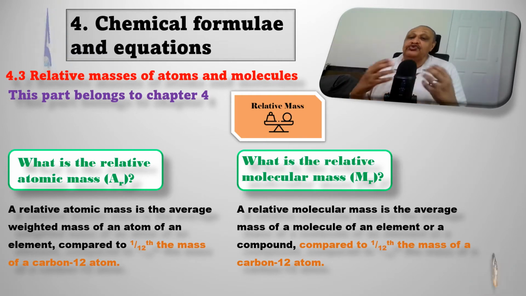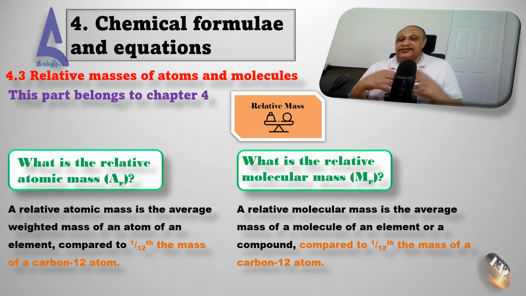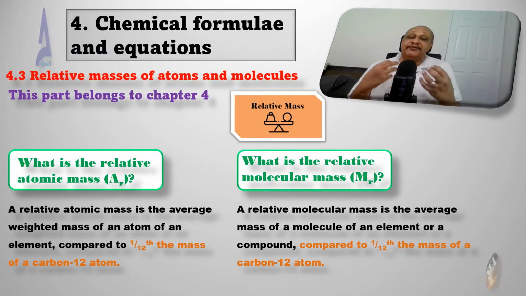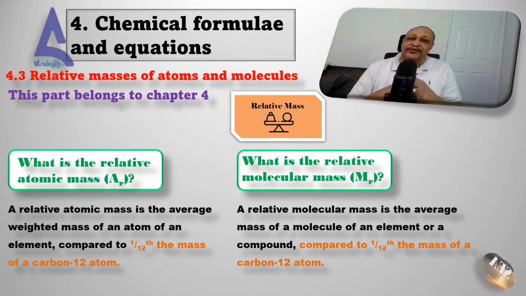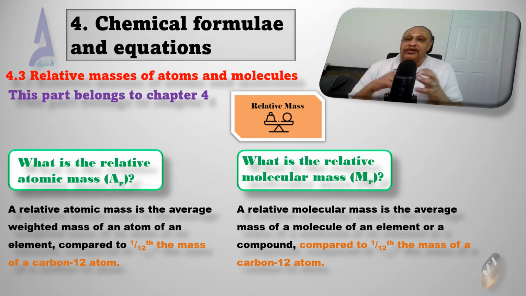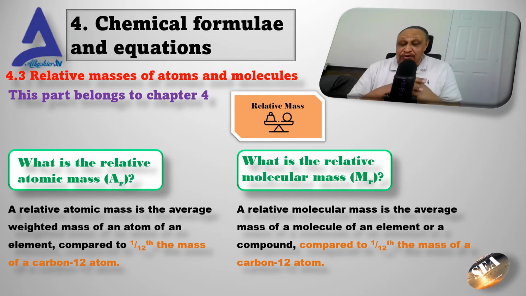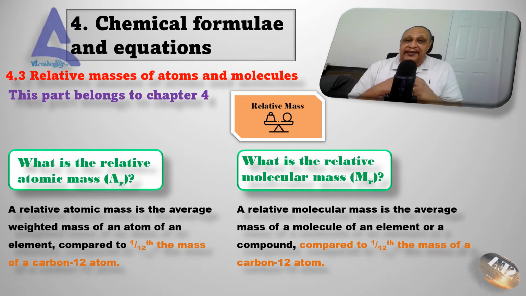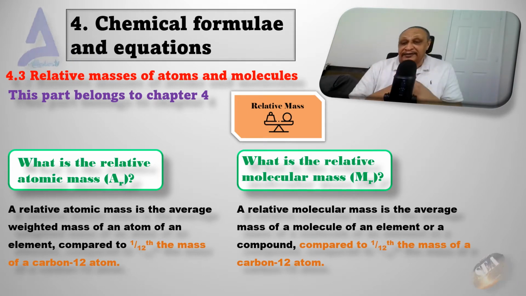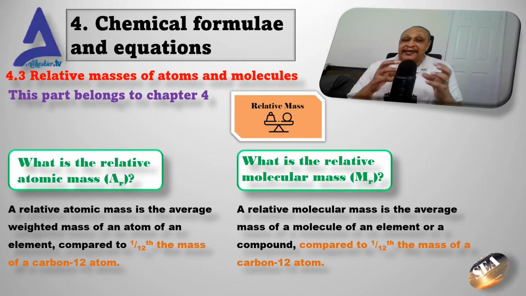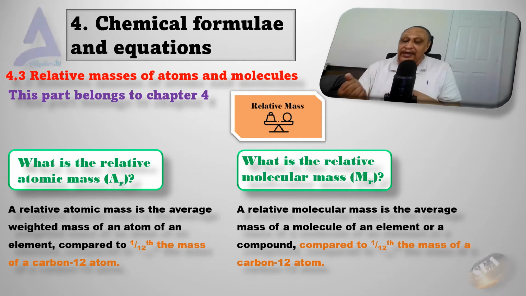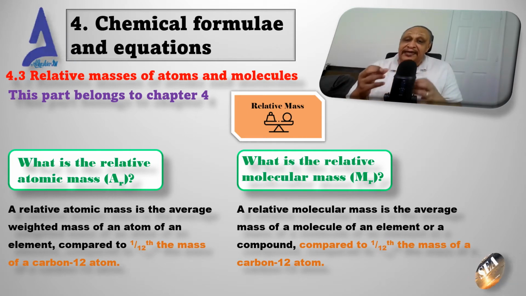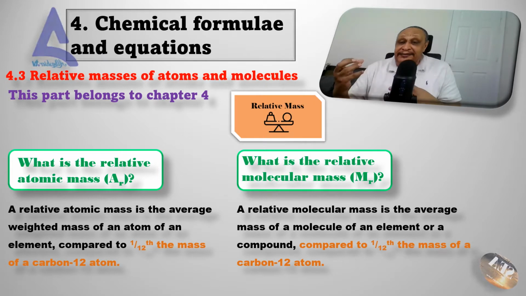So all the chemists and scientists dug their minds and came out with something that is reasonable to weigh things together. They observed the behavior of the atoms, and they came out with a result that carbon 12, the isotope carbon 12, is the best example of a weighing substance.